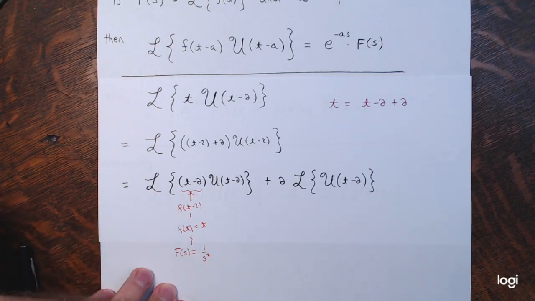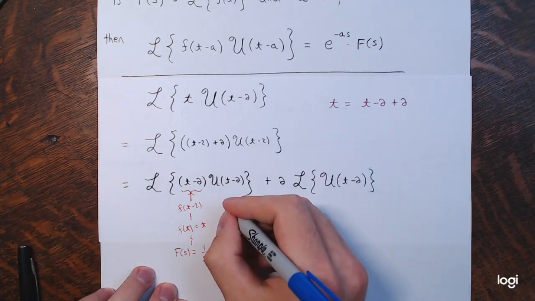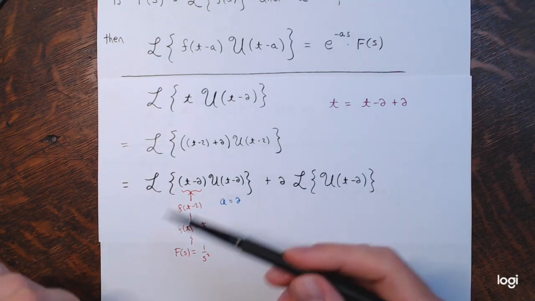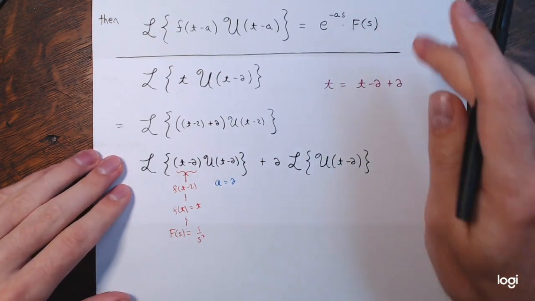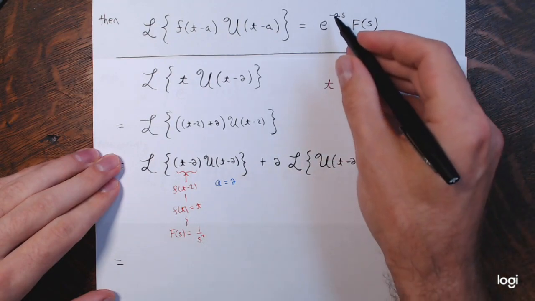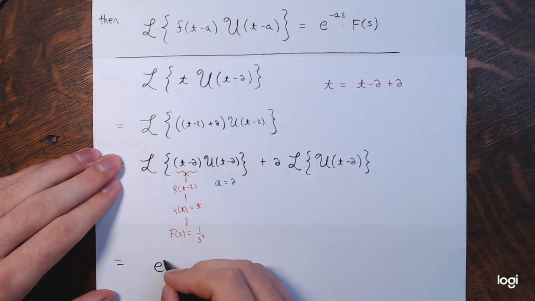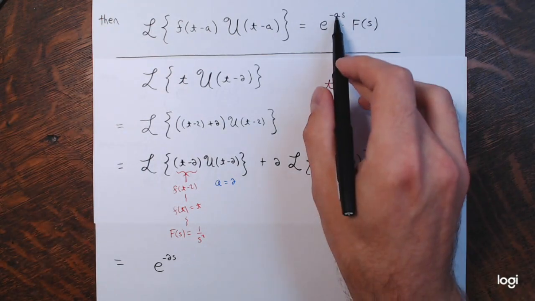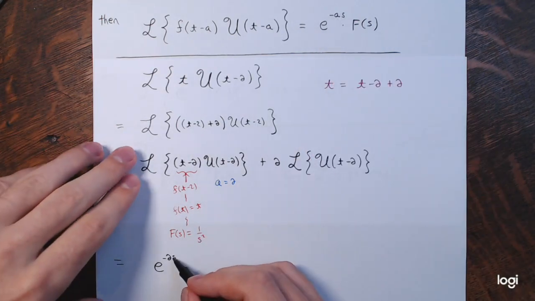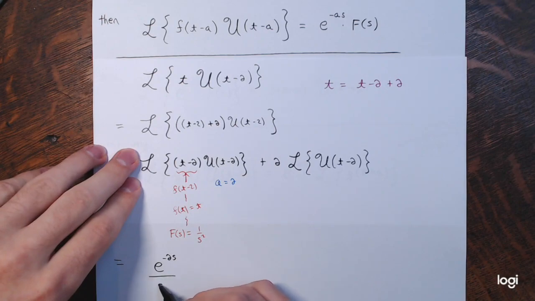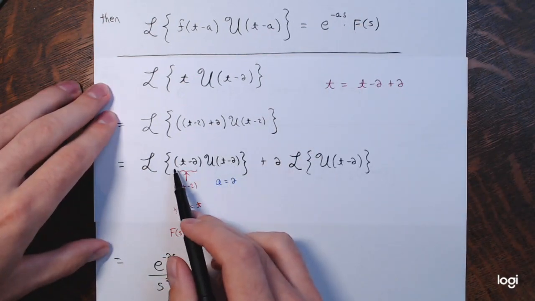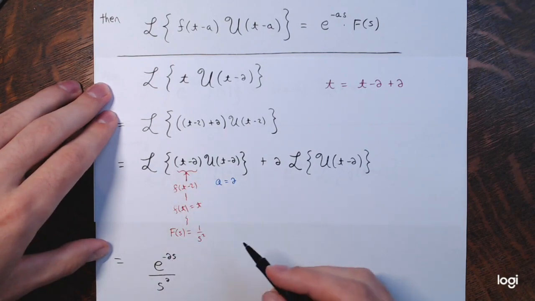And the value of a is 2 here. All right, so this first Laplace transform, based on this rule, would be e to the negative 2s, right, e to the negative as, where a is 2, times F of s, so over s squared. So the Laplace transform here is e to the negative 2s over s squared.